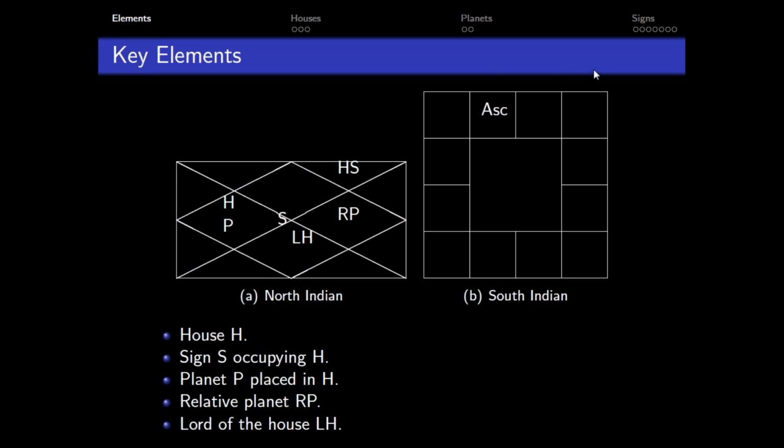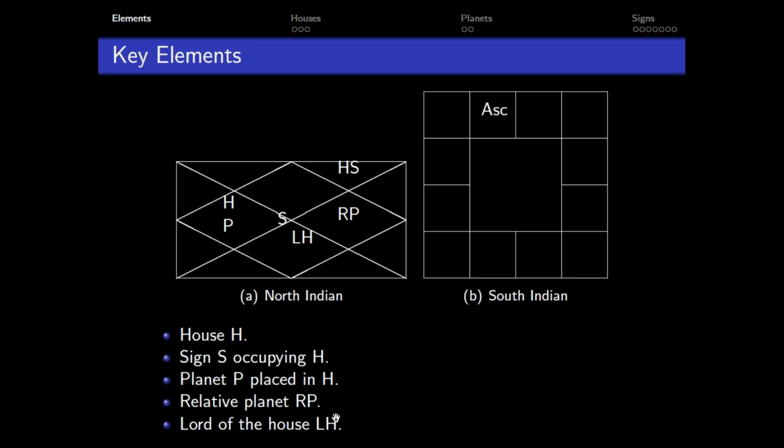House is first; signs, planet, relative planet, and lord of the house are important parameters, important elements to be understood while analyzing a horoscope. We also understood the classification of houses, Kendra and Trikon houses, and the signification of each house, and there are some different layers.